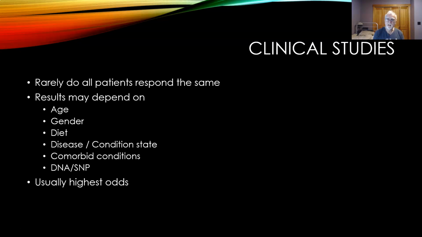And of course, the last key thing is DNA or SNPs. And in terms of microbiome, that actually becomes very critical, because we know now that the microbiome you have is inherited and it's tied to your DNA, which means that how you respond to a particular drug or a particular supplement may be partially influenced by your DNA and the microbiome that goes with it.